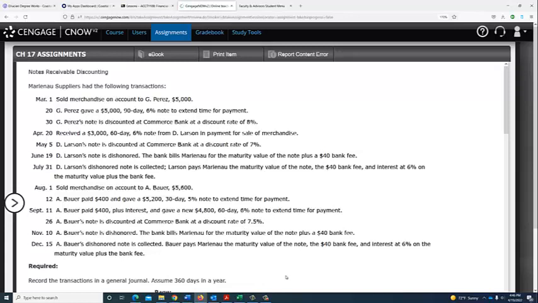He's paying 6%, and for the number of days is from November 10th to December 15th. So there are 30 days in November and 10 have passed, so there are 20 days remaining in November, and in December was 15, so that's a total of 35 days. So that will be times 35 divided by 360.